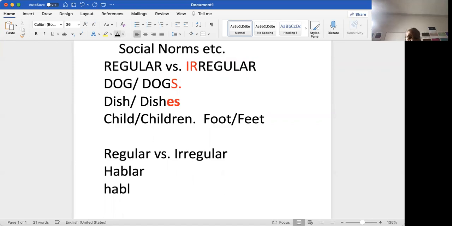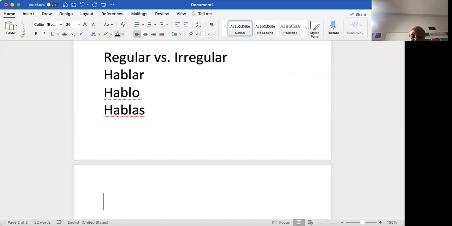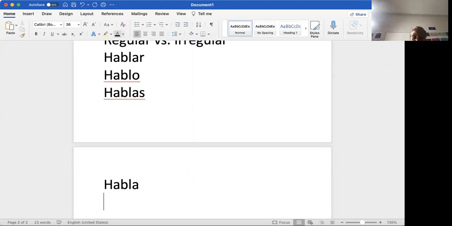So you have hablo, hablas. This is the tú, for you, informal. Then you have él, which is he, ella, which is she, and usted, which is a more formal type of you. Habla.